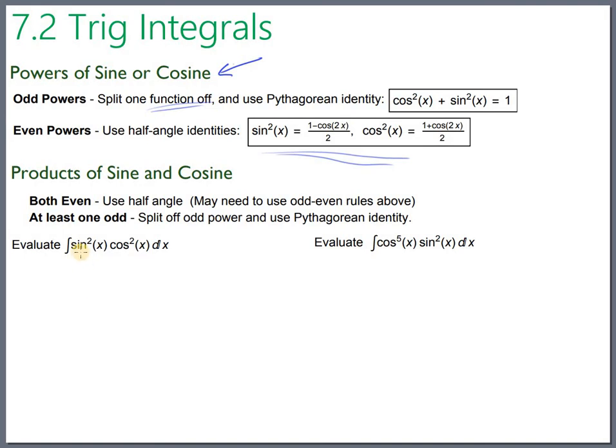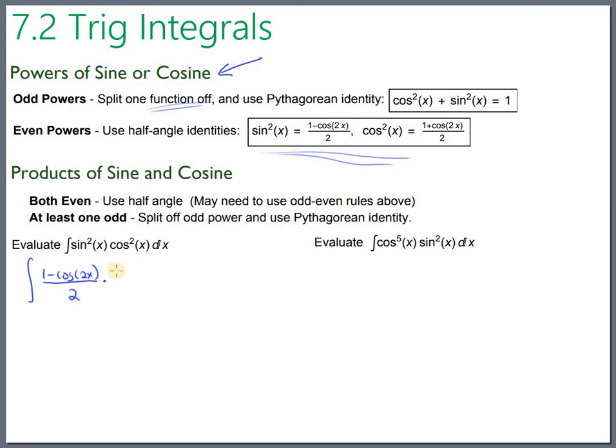So let's look at one where they're both even. We've got sine squared times cosine squared. And the recommendation there is to use each of these half angle identities. So we will just rewrite this integral. Sine squared is the same thing as 1 minus cosine of 2x over 2.